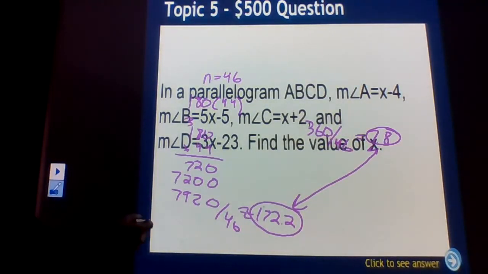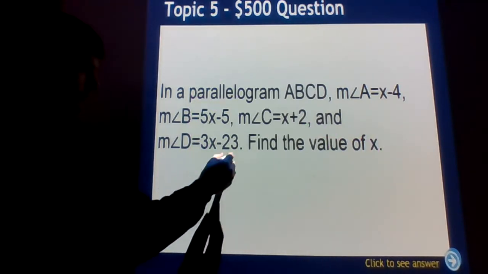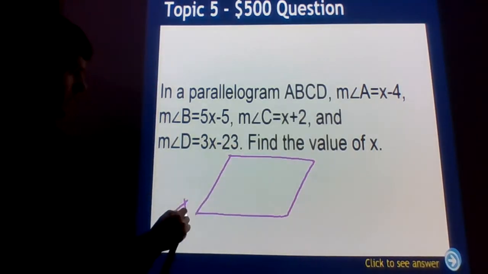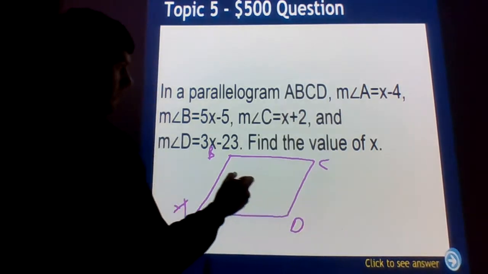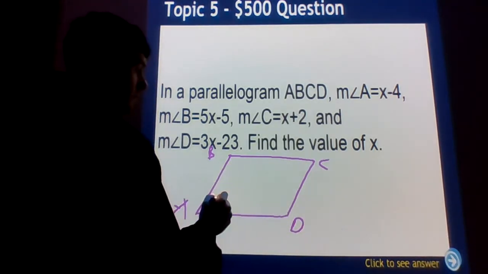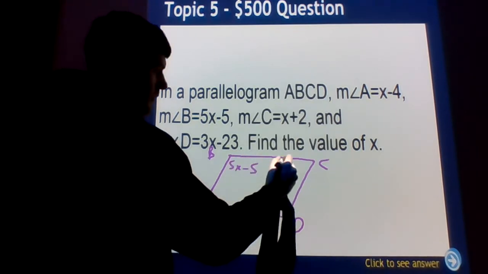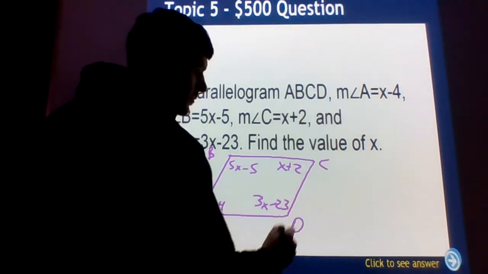Okay. And then here we have parallelogram ABCD, so we want to draw this out. The measure of angle A is x minus 4, then 5x minus 5, x plus 2, 3x minus 23.